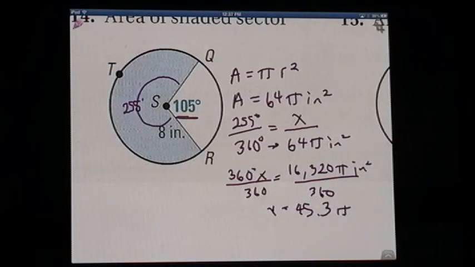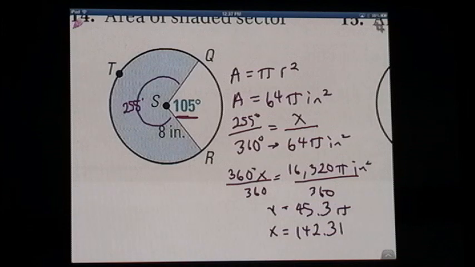Now we can multiply that times pi. 45.3 times pi equals 142.31 inches squared.